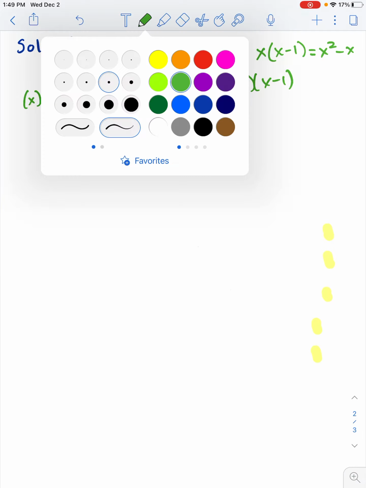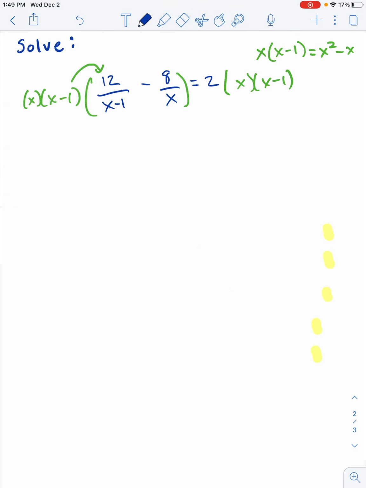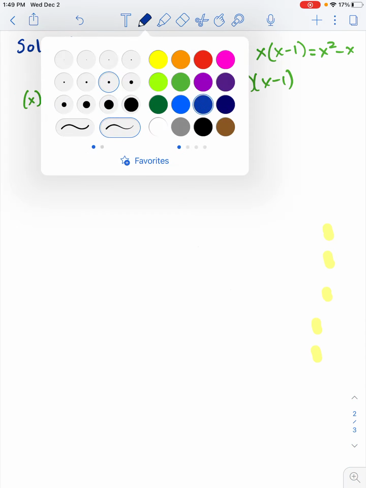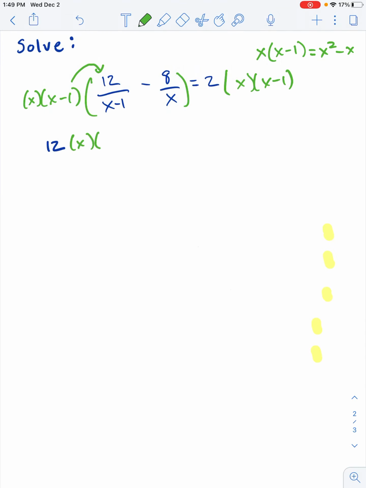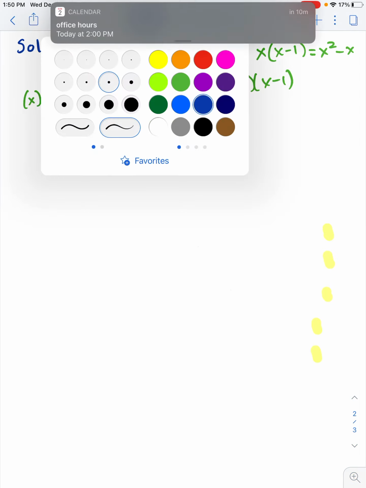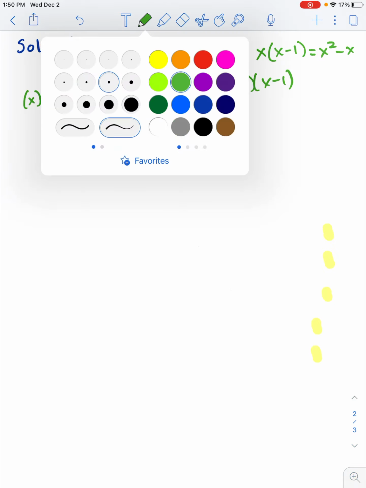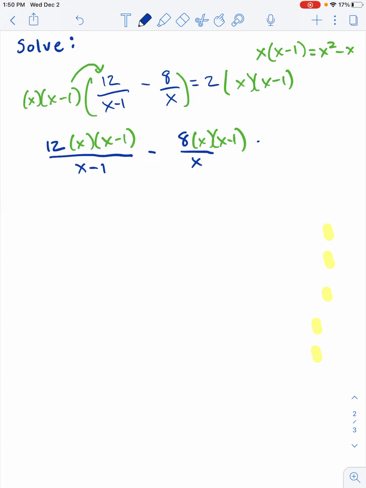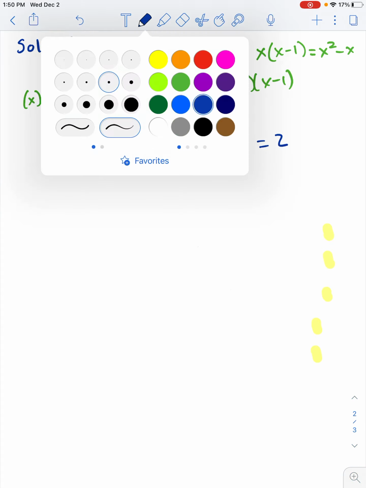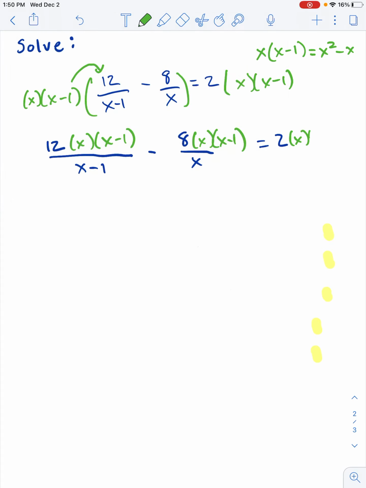So basically first I'm distributing here. So that's 12 times x minus 1 over x minus 1 minus x over x. And then this side stays the same.